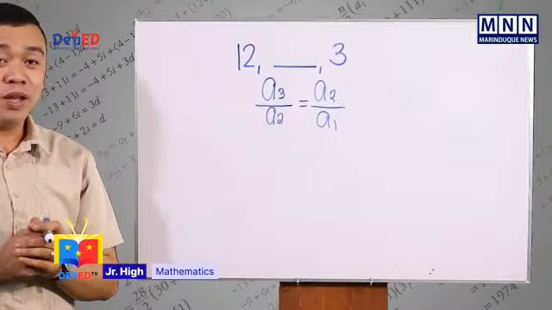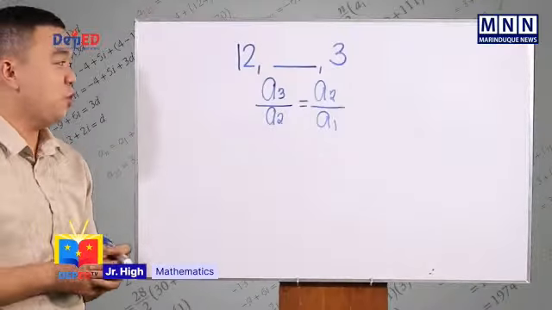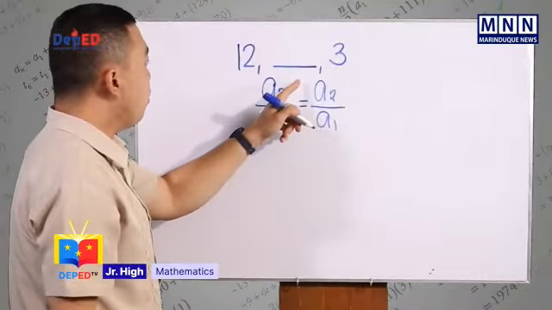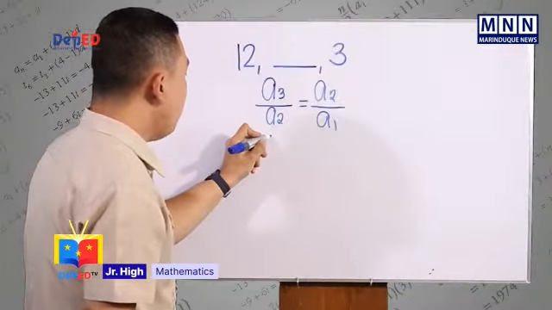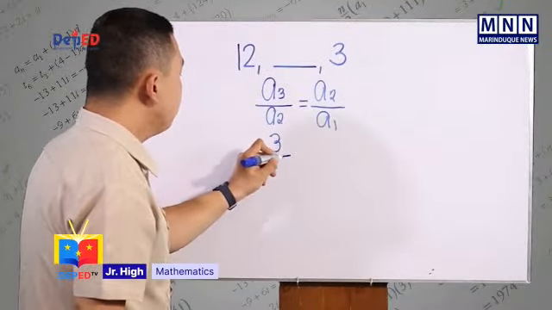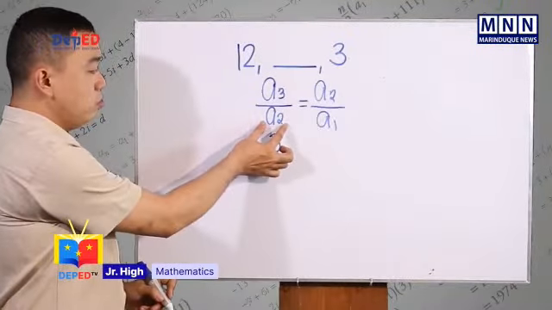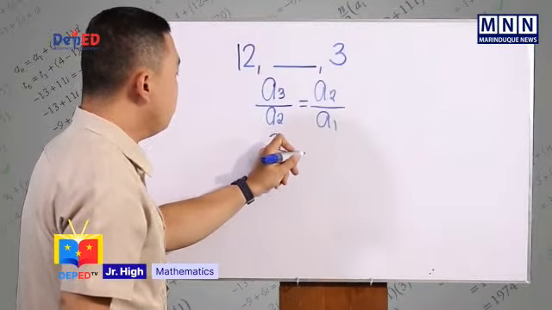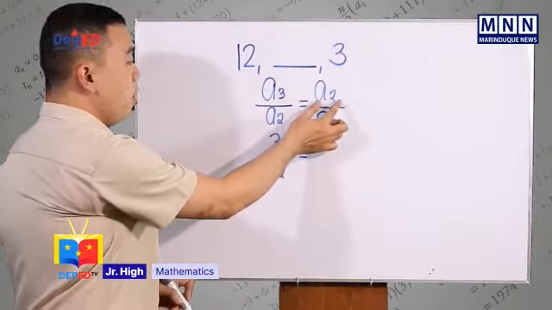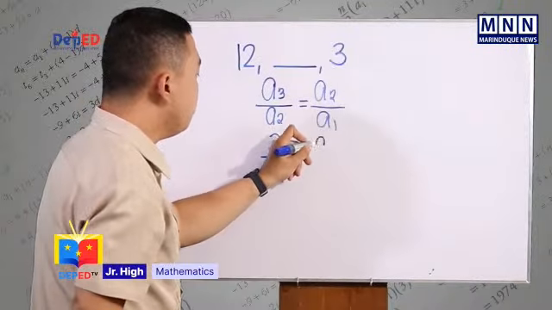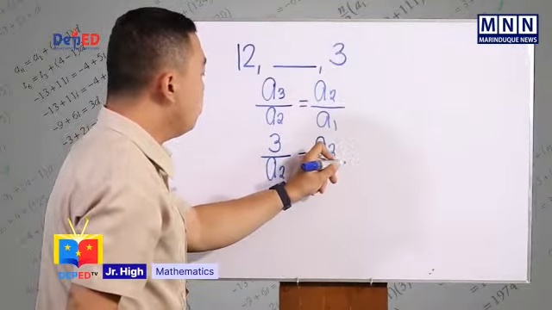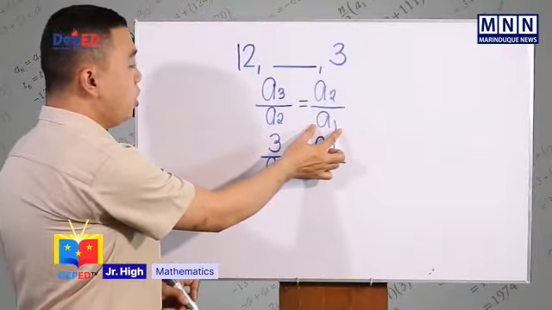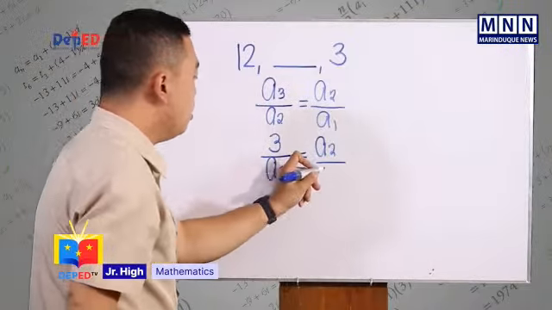Now, let's replace it with the given values. For a sub 3 or the third term, we have 3 over, or divided by, the second term, which is a sub 2, is equal to a sub 2, which is still unknown, so we'll just write a sub 2 divided by the first term, a sub 1, which is 12.